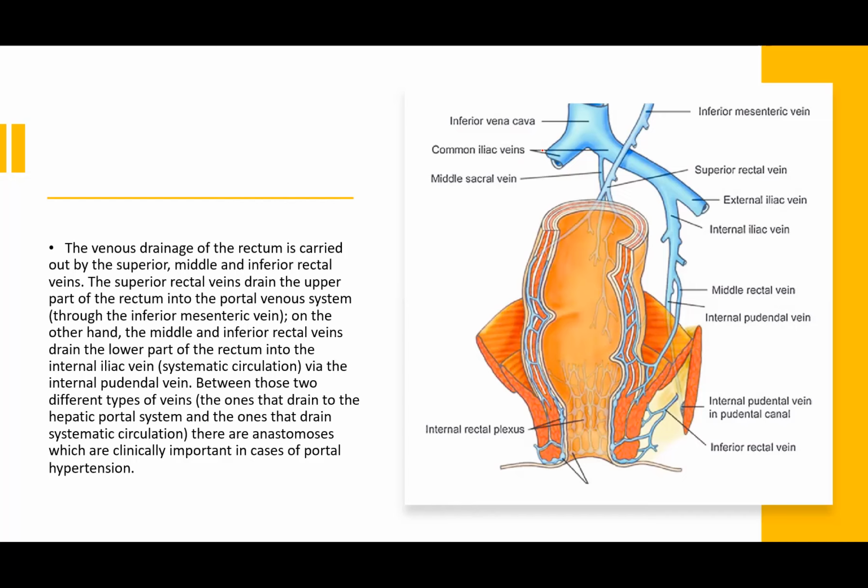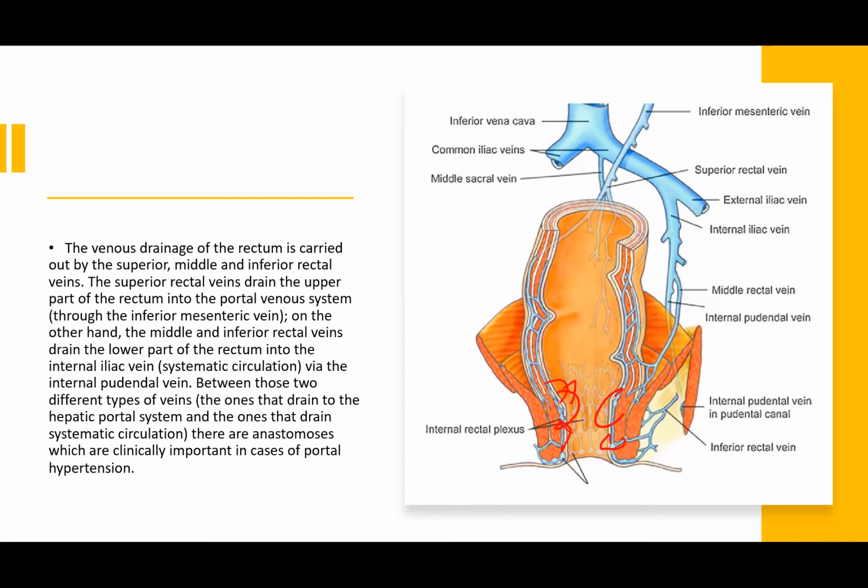Now, between those two different types of vein, the ones that drain to the hepatic portal system and the ones that drain to the systemic circulation, there are anastomoses which are clinically important in case of portal hypertension. If there is portal hypertension, they will form what? Hemorrhoids here at the point of anastomosis.